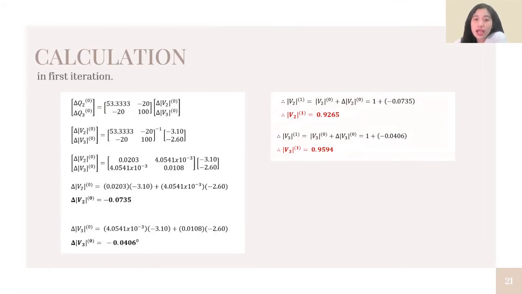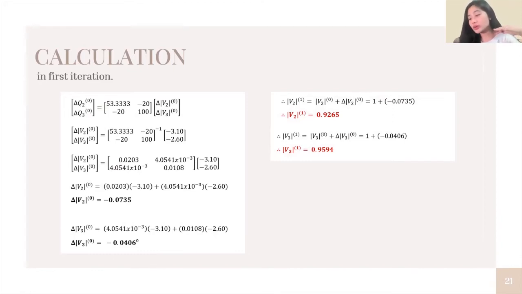So, the thing that you have to do is that, kung ano yung value mo for our V2 kanina here, yung initial voltage mo, i-add mo siya dun sa nakuha mong change in V2. So, ano yung initial voltage natin ng V2 and V3? That's basically 1. So, ang mangyayari, 1 plus yung value natin here ng V2, which is negative 0.0735. And as for our V3, ang value natin is 1 plus negative 0.0406.